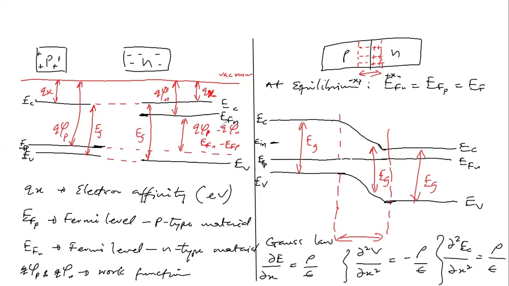But if it's intrinsic, then the energy band gap is not tilted in this manner, such that it is just above the valence band for the p-type material or just below the conduction band for the n-type material. It is somewhere in the middle, and then we are going to have something like this, for the intrinsic material. So, E intrinsic.